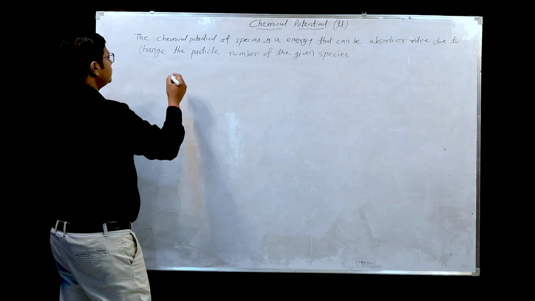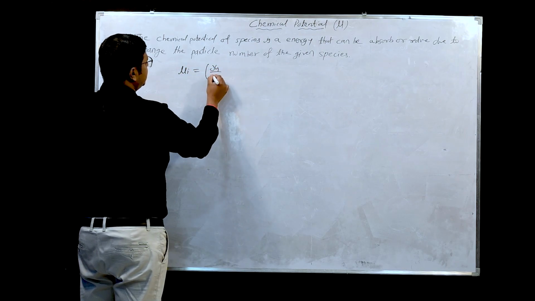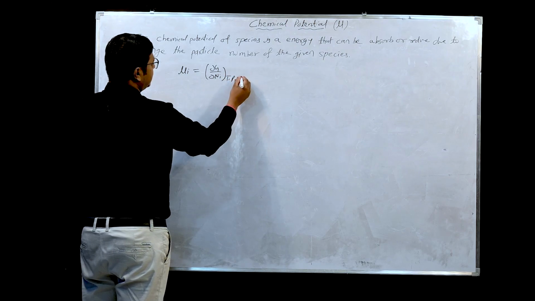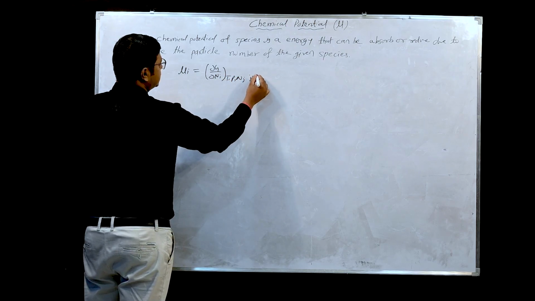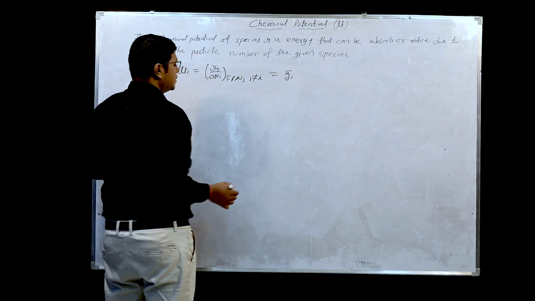μi is equal to ∂G/∂Ni at T, P and Nj, where j is not equal to i, represented by Gi bar.